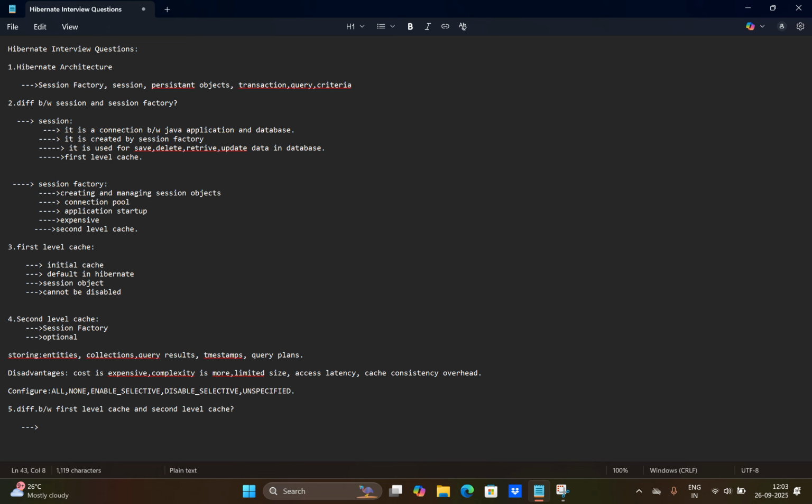While coming to life cycle, the first level cache is per session, but the second level cache is across sessions. While coming to default, the first level cache is enabled by default, but the second level is optional and needs to be configured.